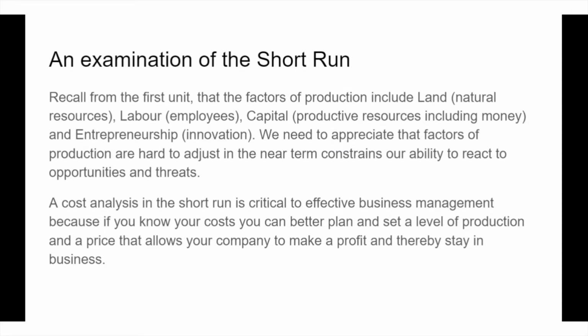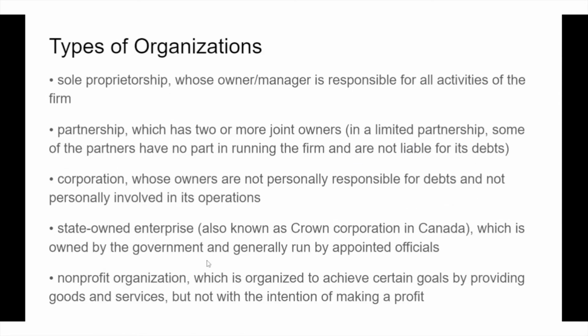So just for the sake of explaining the firm, one of the things that we delve into here too is the types of businesses that are out there. And it doesn't matter the type of business, all of them are going to face the same basic principles: land, labor, capital, enterprise, and the ability to change any of those in the short run.